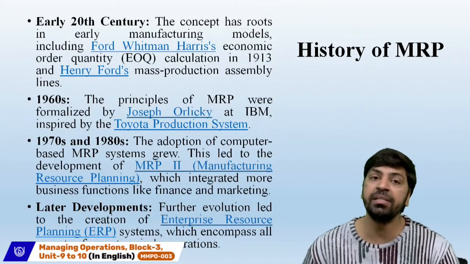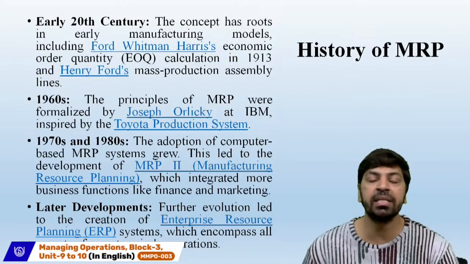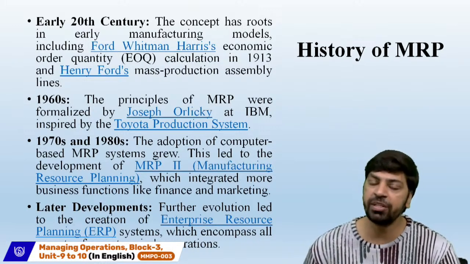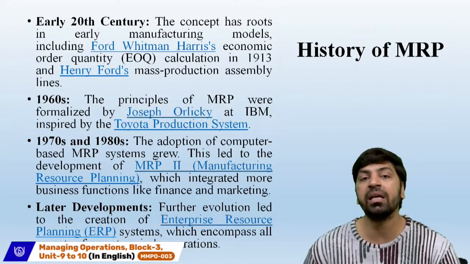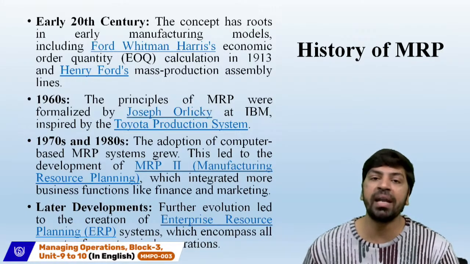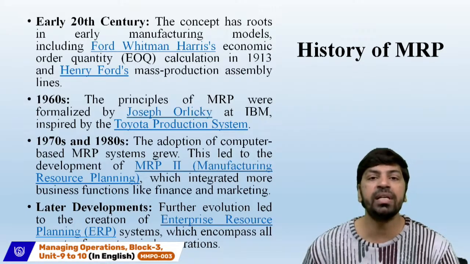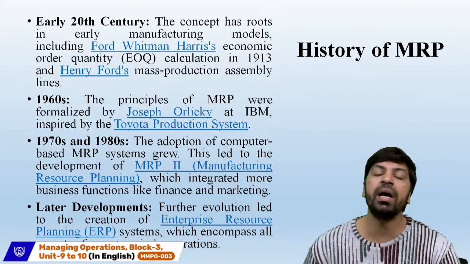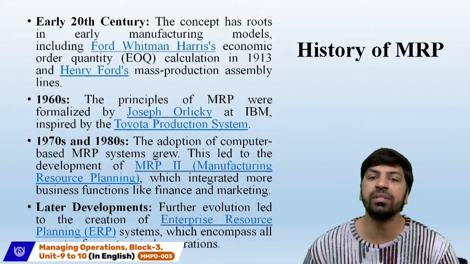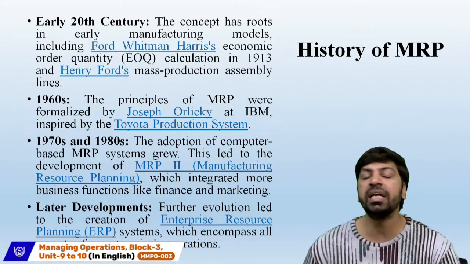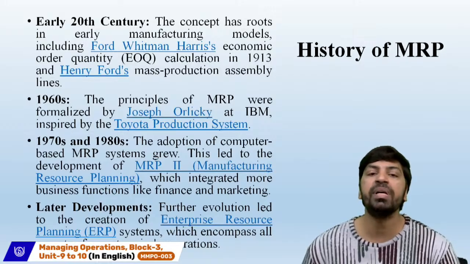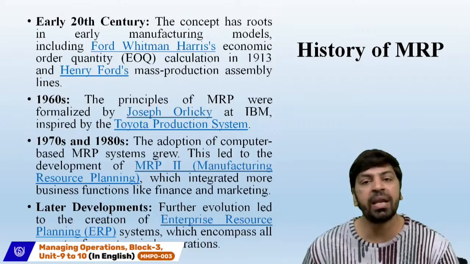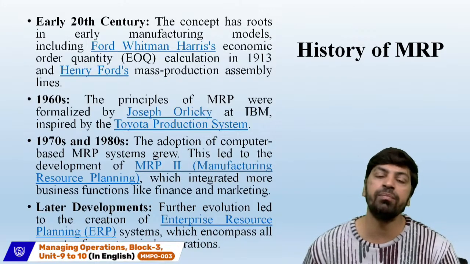But in the 1970s and 1980s, the adoption of computerized technologies was used in maintaining the material requirements planning process. So this led to the development of MRP II, called manufacturing resource planning, which integrated more business functions like finance, marketing, supply chain management, logistics, and operation processes.